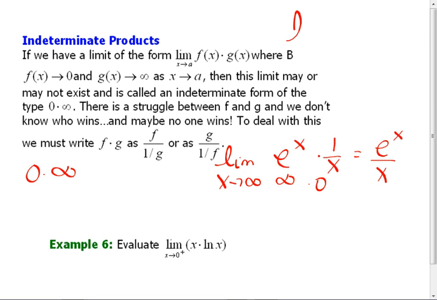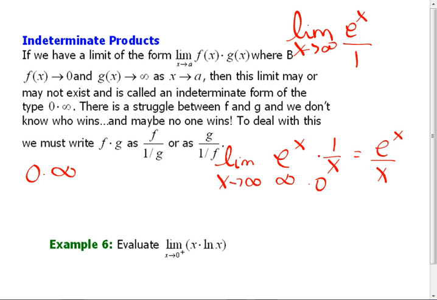Using L'Hopital's rule, as x goes to infinity, that's infinity over infinity now. Very cool. And since I have infinity over infinity, I take the derivative of this and the derivative of that.